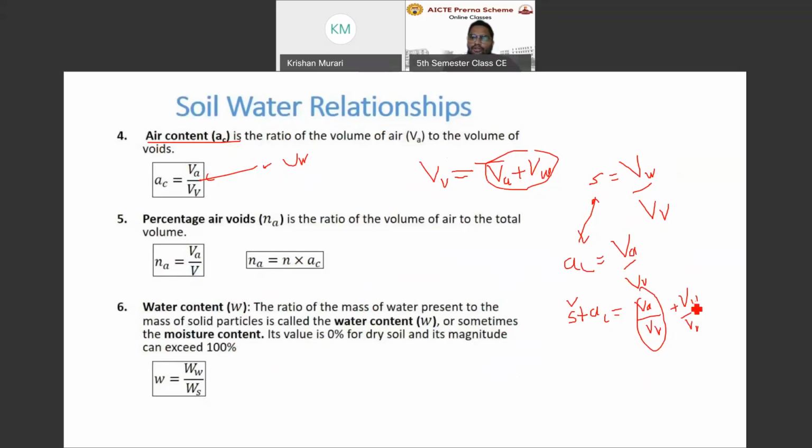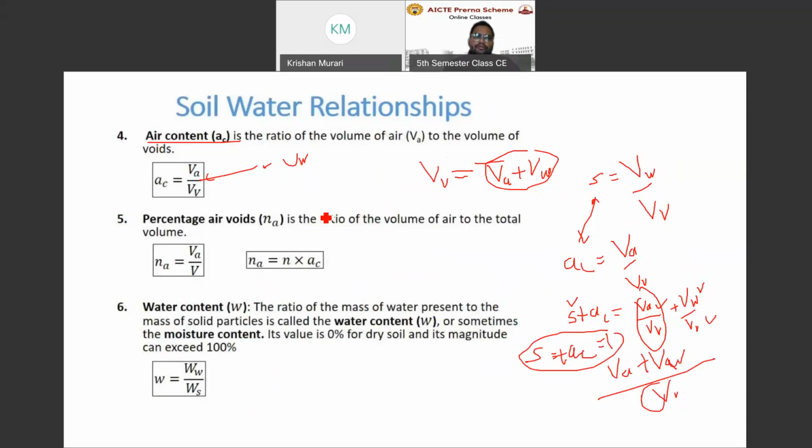Degree of saturation is the volume of water upon the volume of voids, and air content is the volume of air upon the volume of voids. Here VV is common, so I can write (VA plus VW) upon VV. VV is also VA plus VW, so I can directly write S plus AC equals 1.